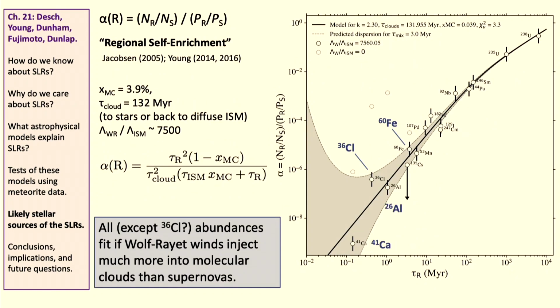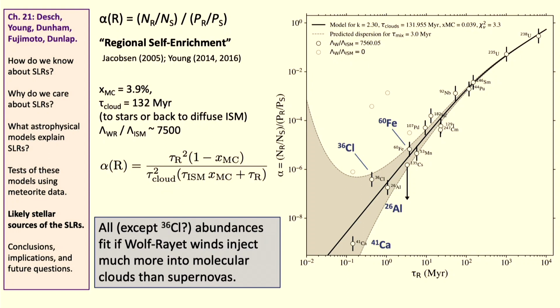A different type of model is sort of a box model in which you have residence time of radionuclides in the diffuse ISM before they go back into clouds, which then form stars. But then, of course, the molecular clouds can disperse and put radionuclides back into the diffuse ISM. And by accounting for all of this, you get a different formula, which has different inputs. But these inputs are the fraction of mass that's in molecular clouds at any time and their lifetime. And these are pretty reasonable numbers.